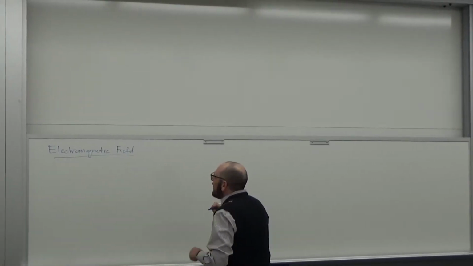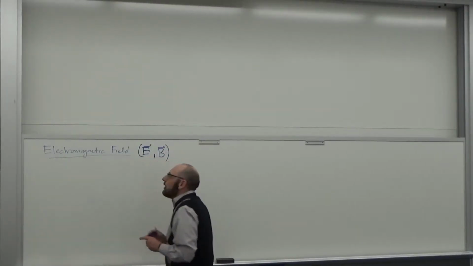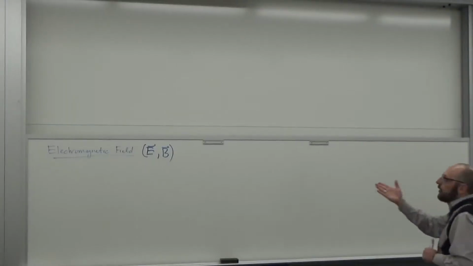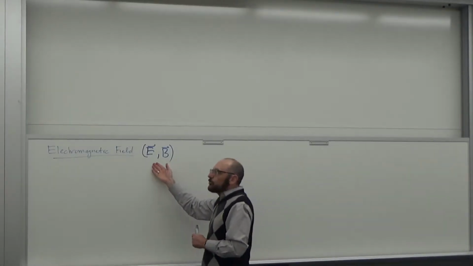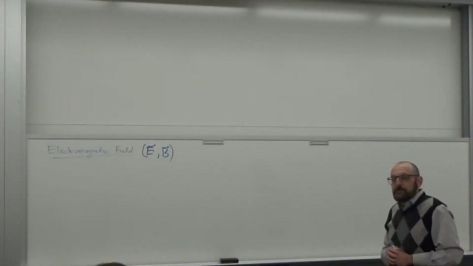All right, the electromagnetic field, electric and magnetic. As we discussed, this looks like a 6-component field theory, but that of course is not true, because E and B are connected to one another through Maxwell's equations.